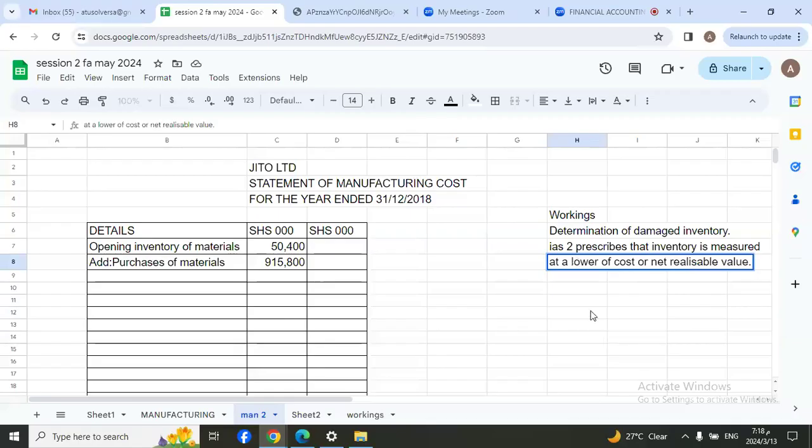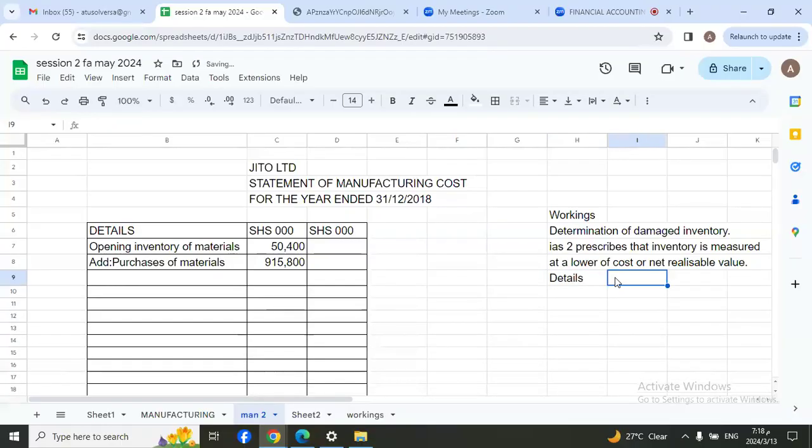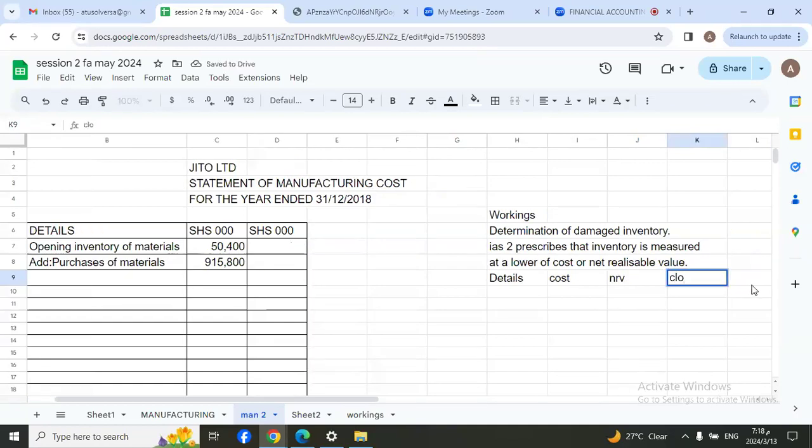So therefore, I draw my table, I show my details, I show my cost, I show my net realizable value. Then here I can show my closing balance.